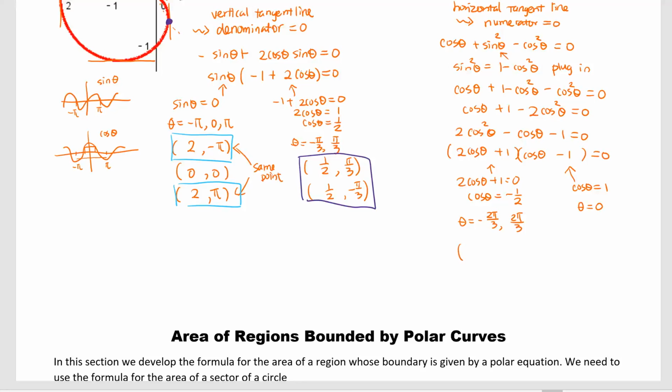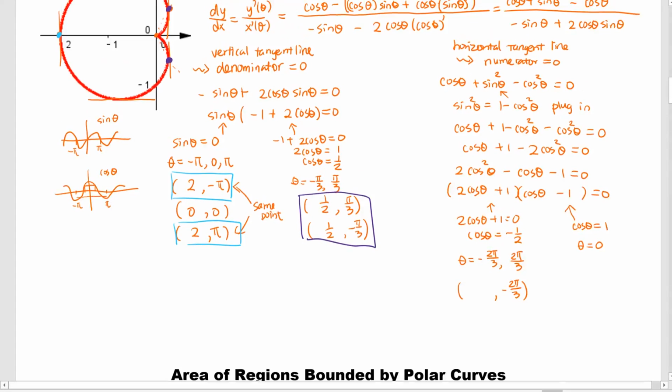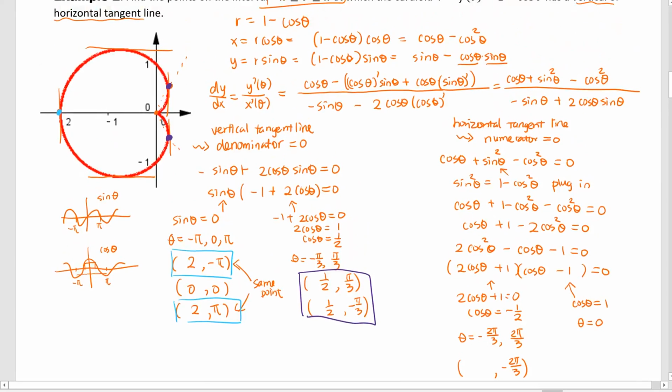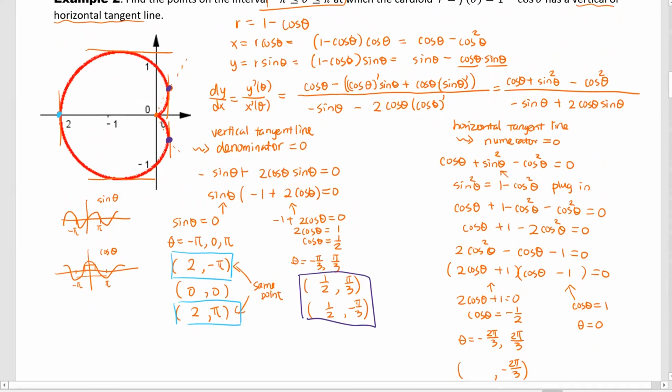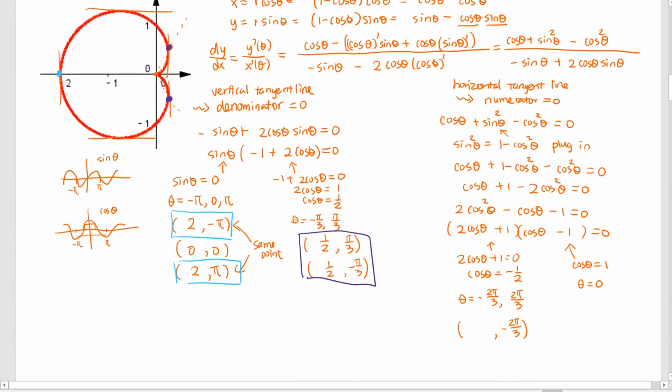Okay, so when theta is -2 pi over 3, let's plug in r. R is what? R is 1 minus cosine theta. And cosine -2 pi over 3 is -1/2. So 1 minus -1/2 is like 1 plus 1/2. So 3/2. And same thing when we plug in 2 pi over 3, cosine of 2 pi over 3 is -1/2.